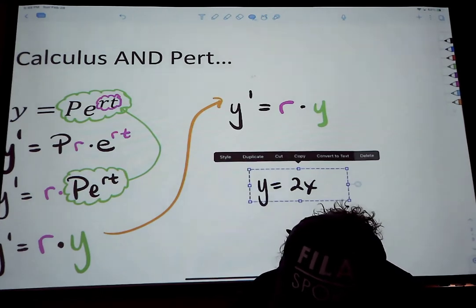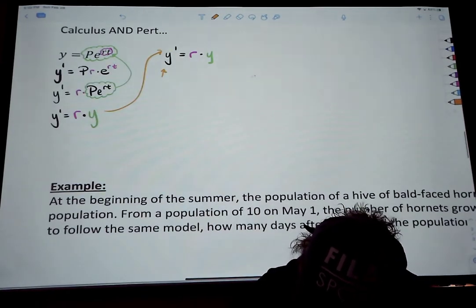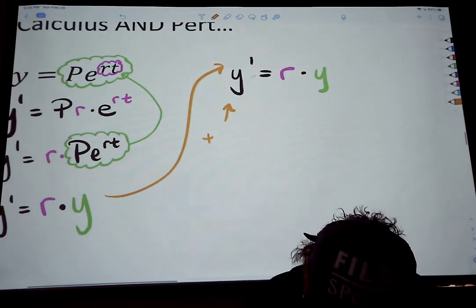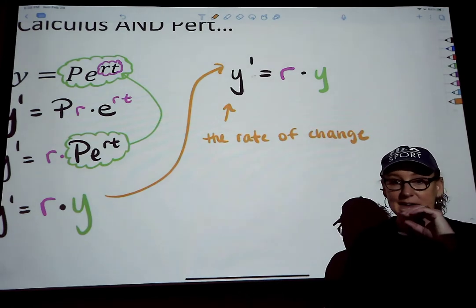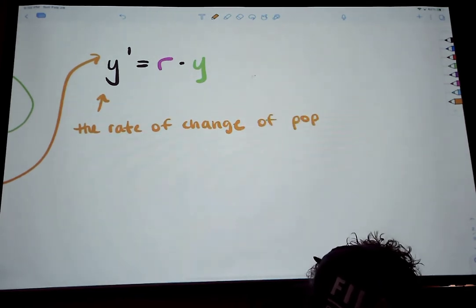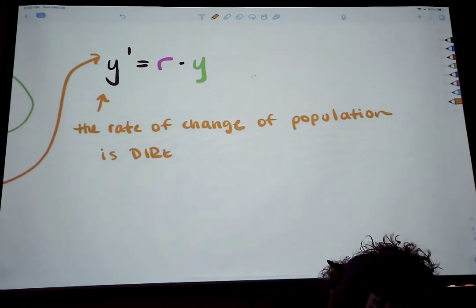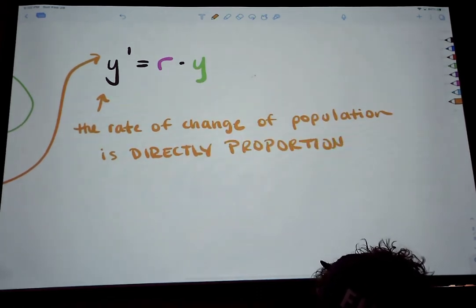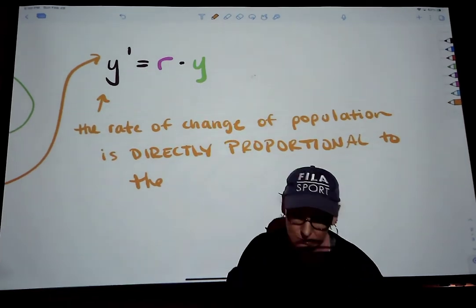Okay, let's turn that into calculus and see what we got. The rate of change of the population, if this were a population problem, is directly proportional to the population.